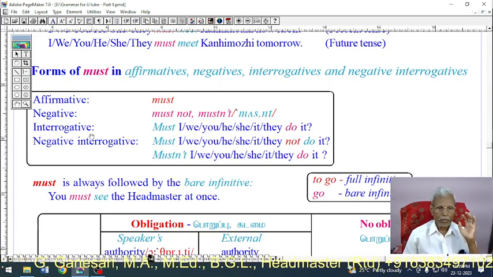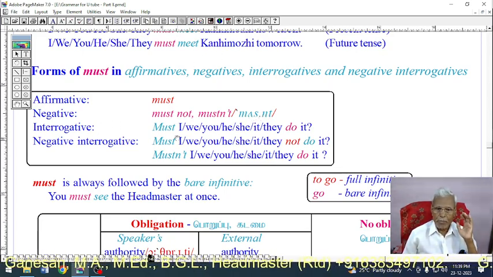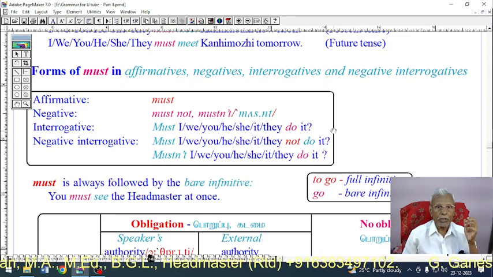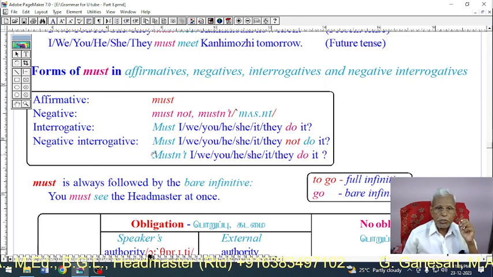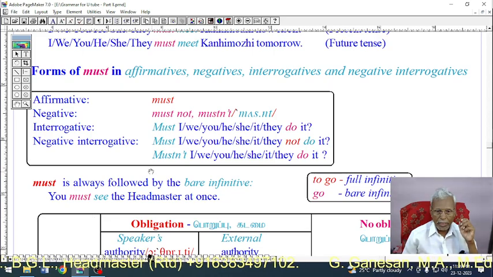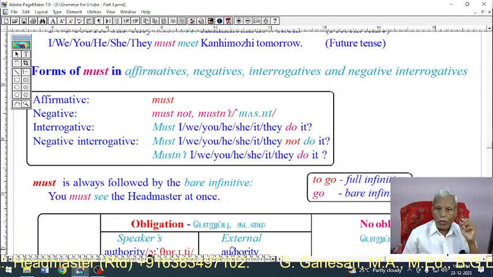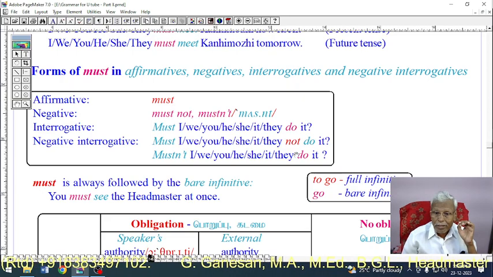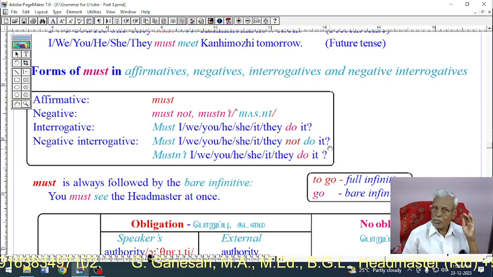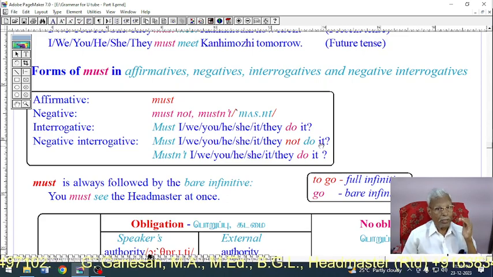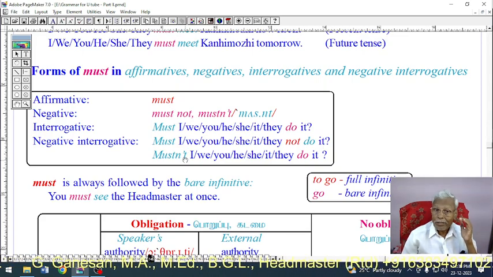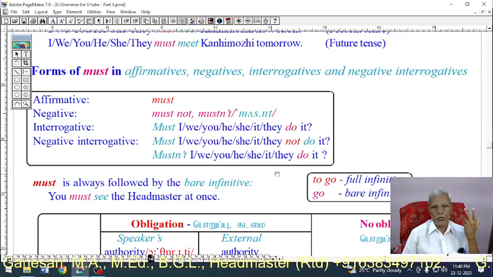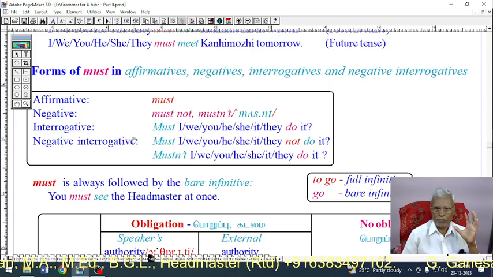Interrogative, must I do it? Negative interrogative, must I not do it? Or mustn't I do it? So these are the 4 forms of must.